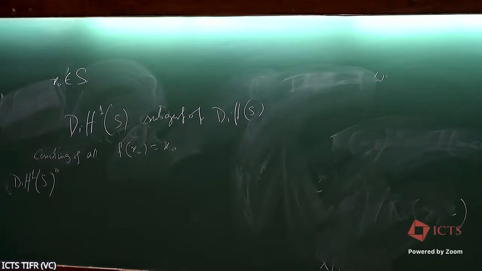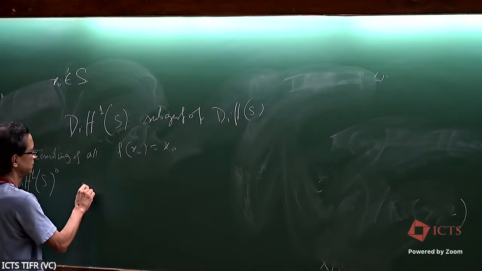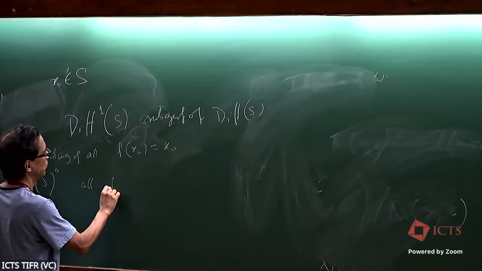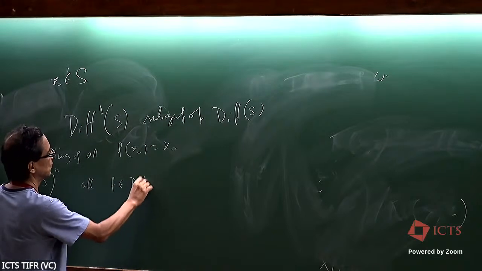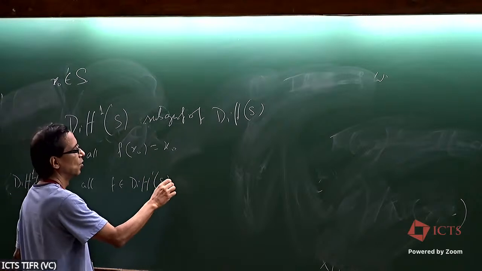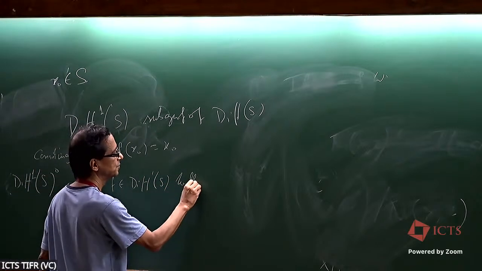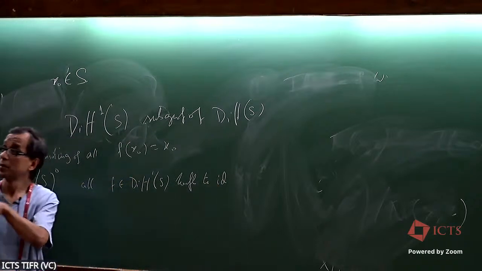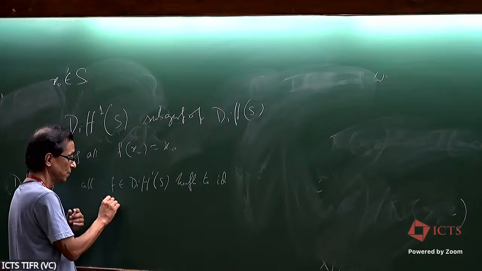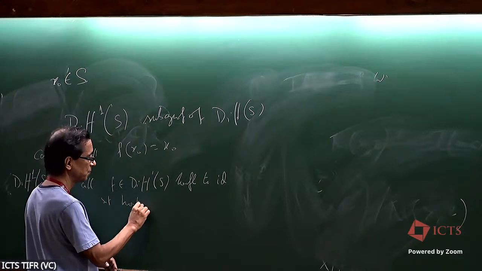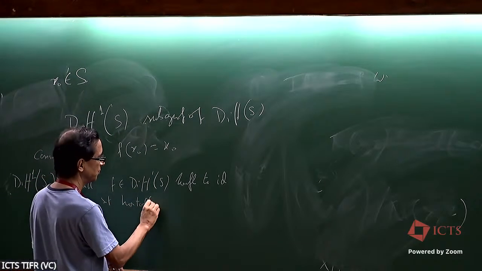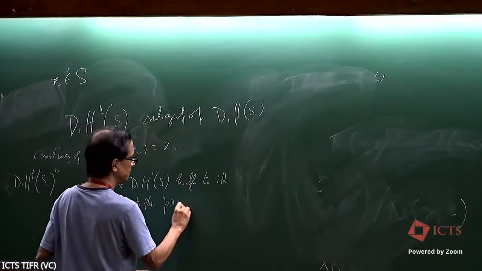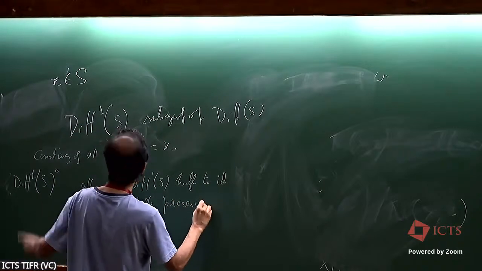That means the intersection of Diff naught and this: all f in Diff_1 homotopic to the identity such that the homotopy preserves the point x naught.